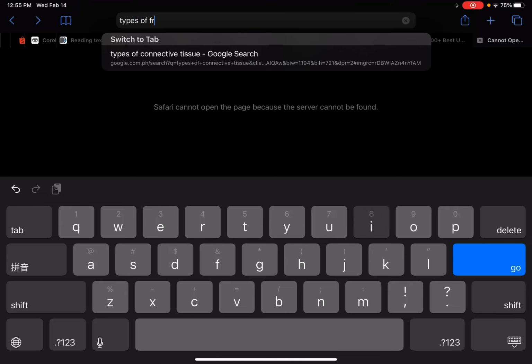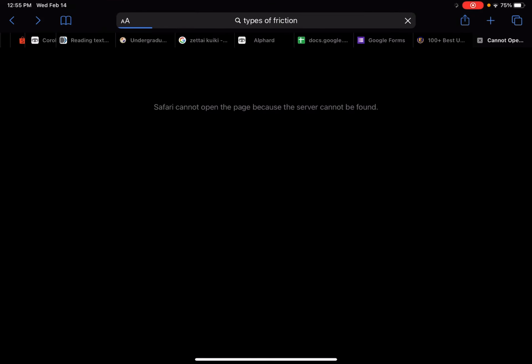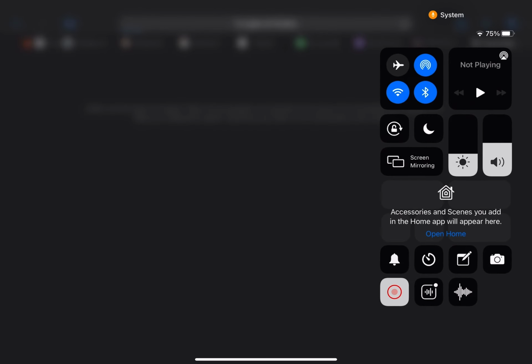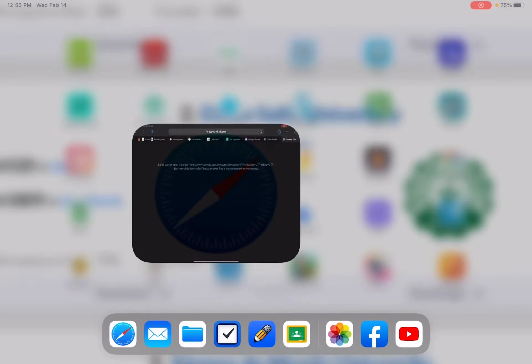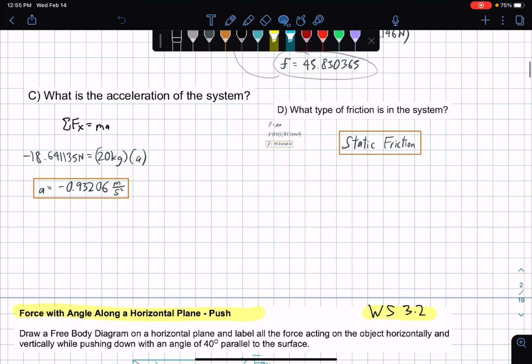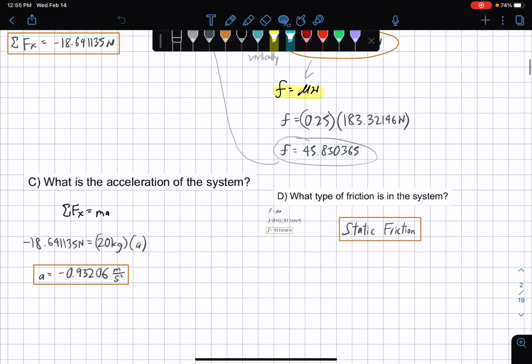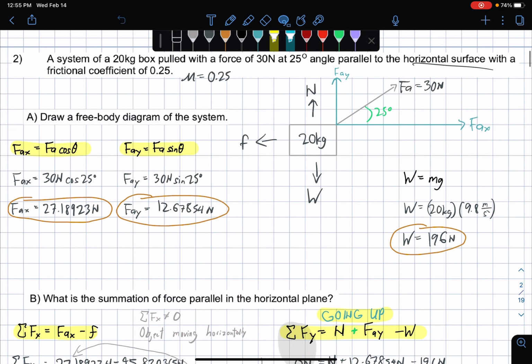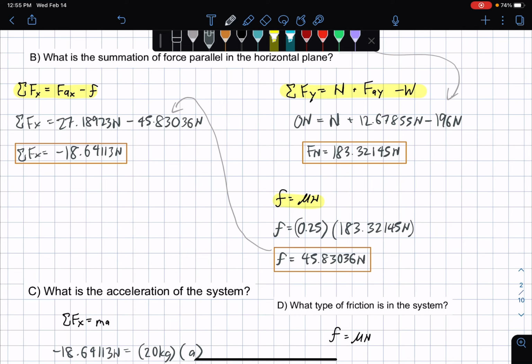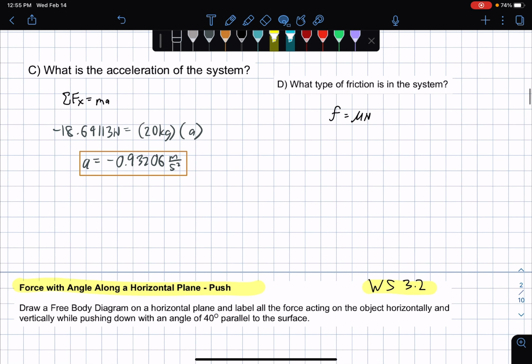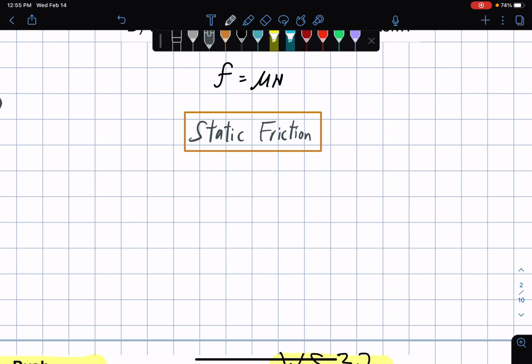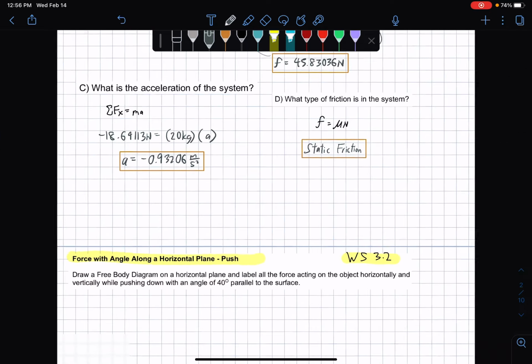Types of friction. Good luck with the Wi-Fi. It's not here at the moment, but yeah, it's static friction for a reason. I can't really explain at the moment, but yeah. There are 3 types, I remember. I think one is rolling, one is static, and the other I don't remember anymore.